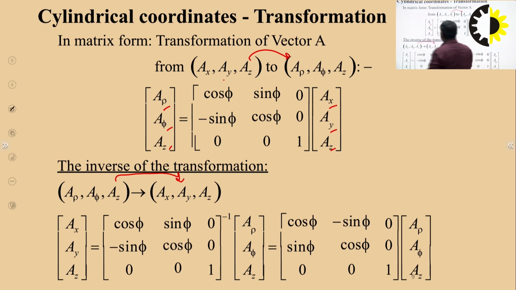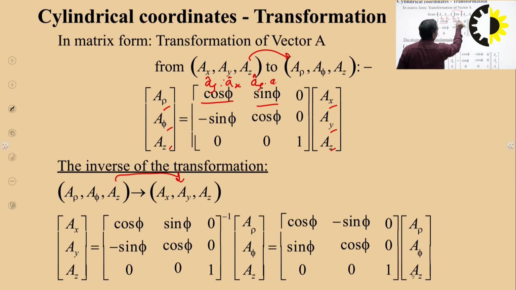I will explain in this way. How are we getting this cos phi? This a rho and this ax. So this is nothing but a rho dot ax, this one. And this one is a rho dot ay. And this one is a rho dot az, right?